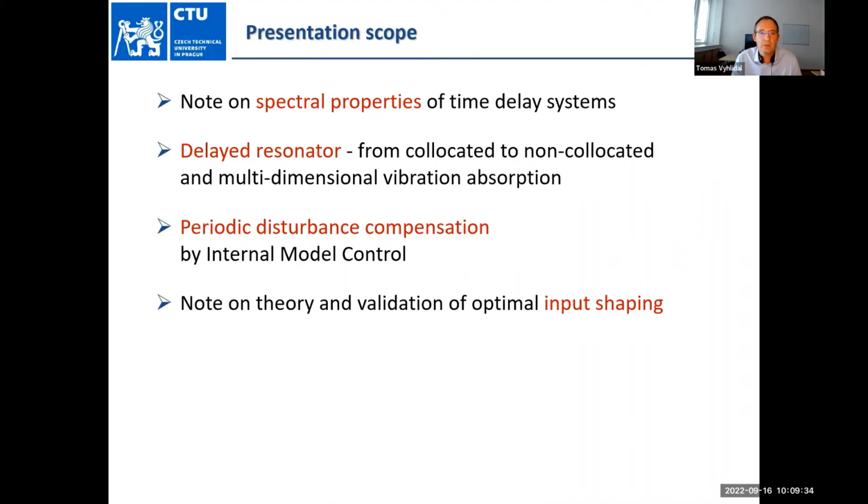A very similar topic is periodic disturbance compensation, where we can meet quite a bit more complex periodic functions. Usually we use repetitive control, and together with my colleagues we have proposed an alternative using internal model control. And at the end, I hope I will have some time, I will say a bit about input shaping, which is actually the first topic in vibration suppression or flexible mode compensation I started to work in.